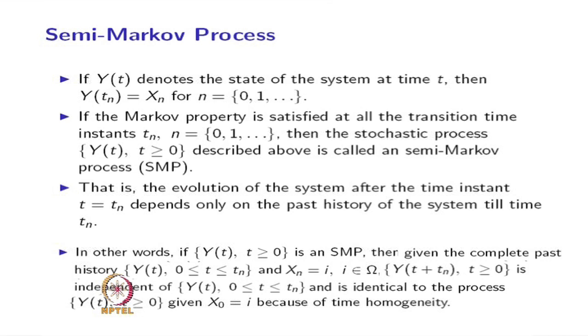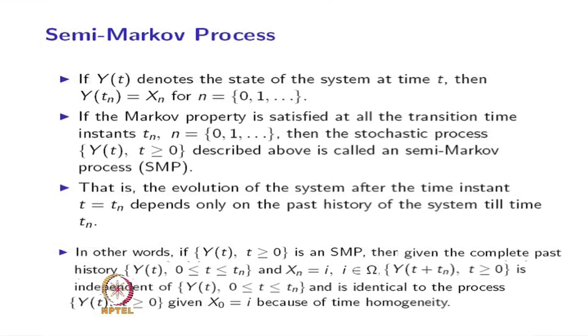Y(t plus Tn) is independent of Y(t) given the complete past history Y(t), and Xn is equal to i, and is identical to the process Y(t) given x0 is equal to i because of time homogeneity.